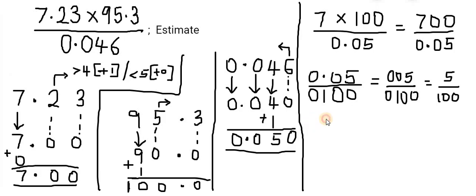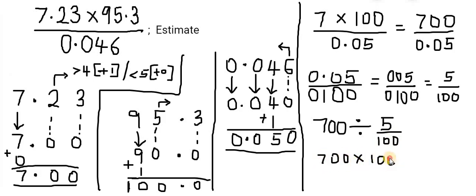So now we know that what we're really solving is 700 divided by 5 over 100, which is 700 times 100 over 5. So change the sign, flip the second fraction. So this basically results in 100 divided by 5, that's 20, so that's 700 times 20.